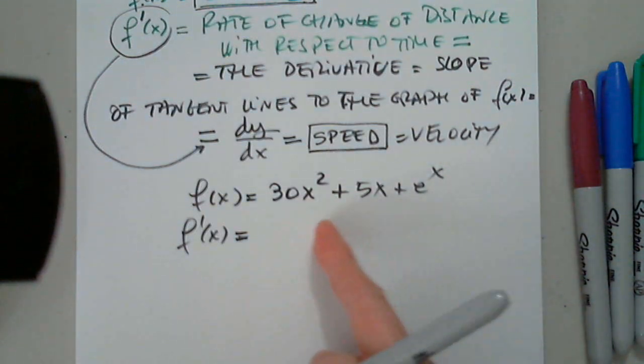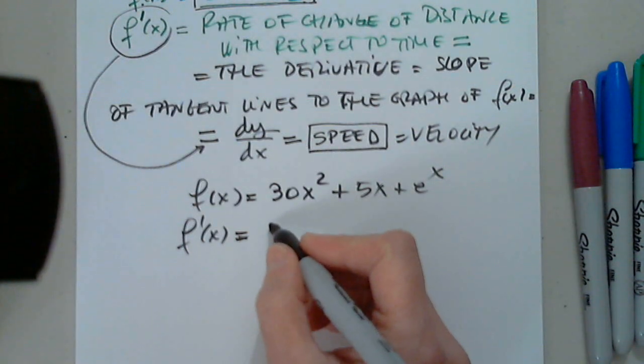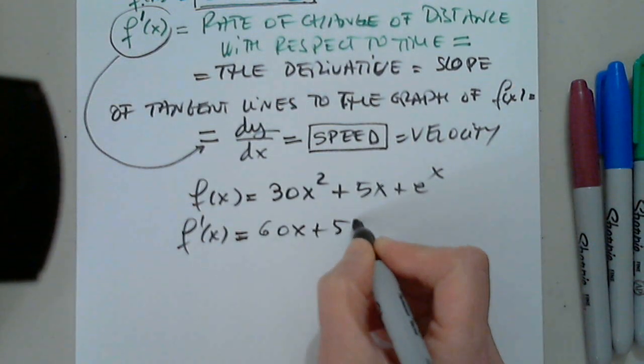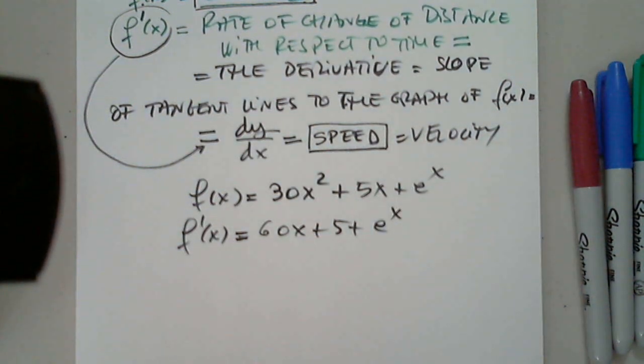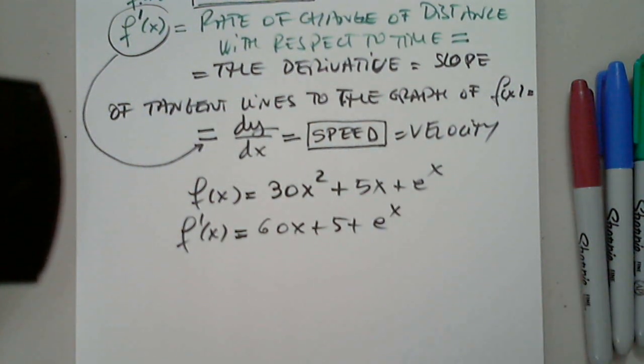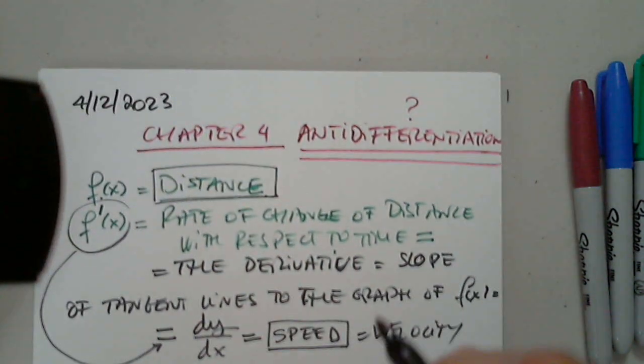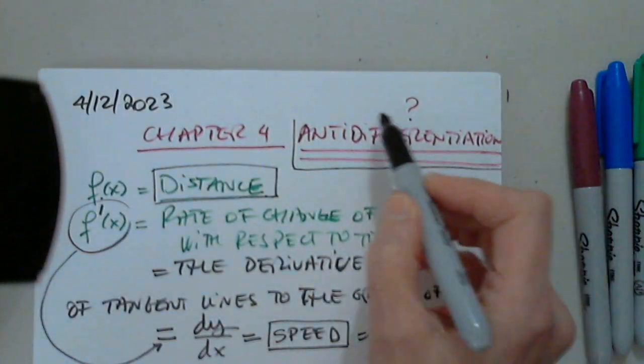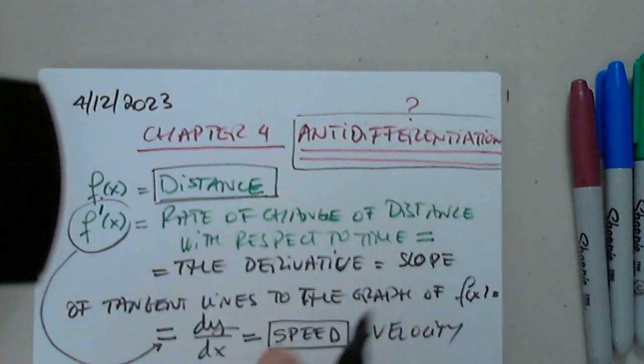Anyone? 60x plus 5 plus x e to the x. That's it, because x prime is 1. Good.